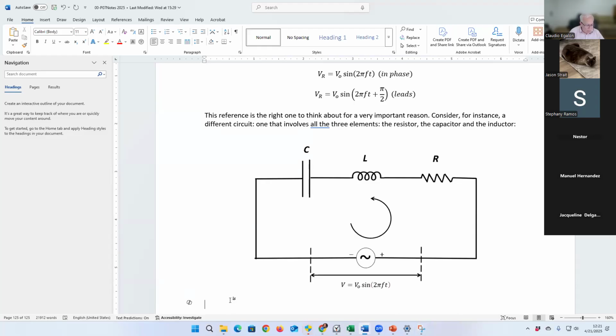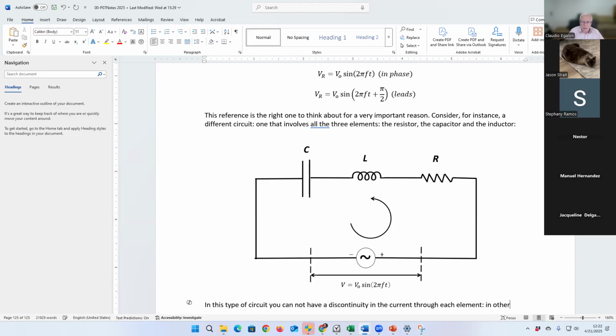In this type of circuit, you cannot have a discontinuity in the current through each element.